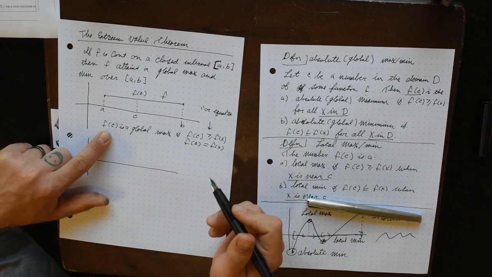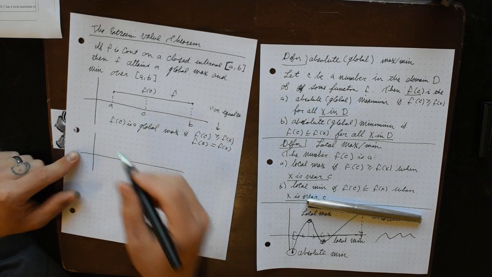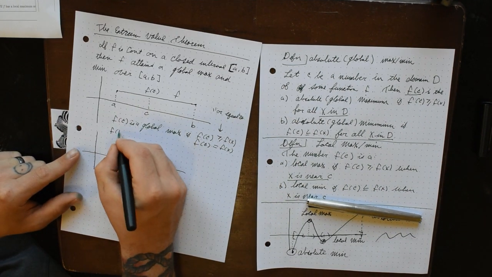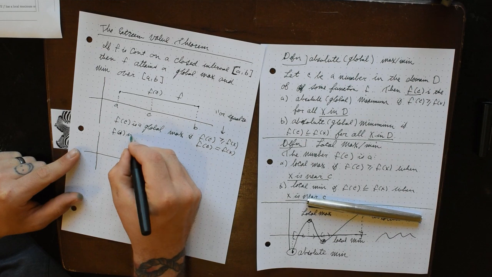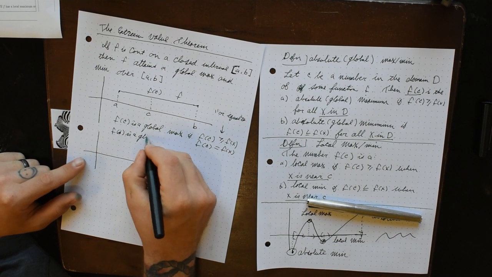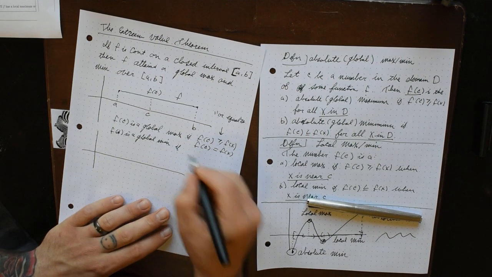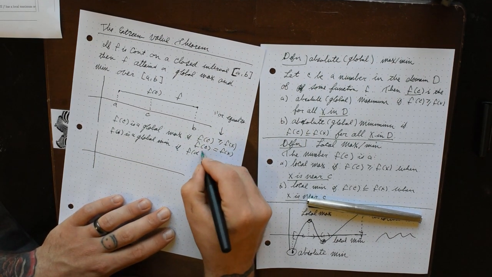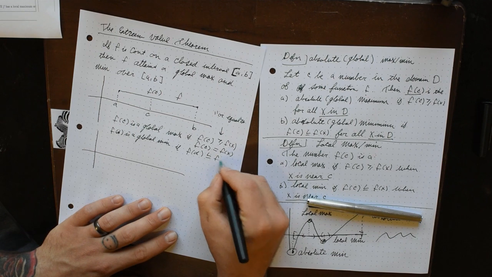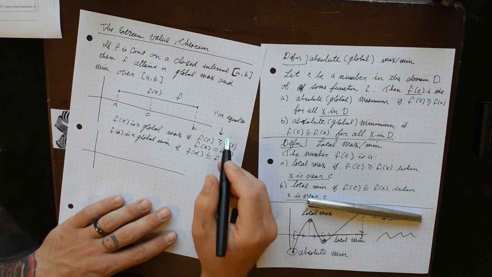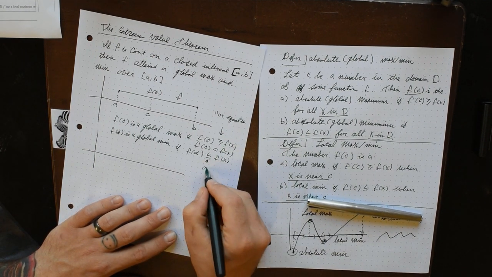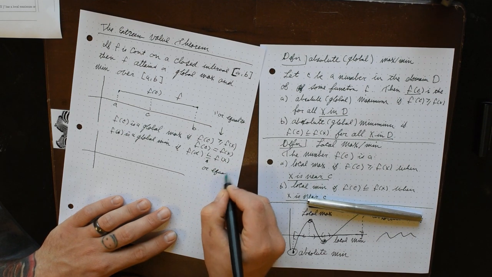Therefore, f of c is a global max. But we also have, let's say, f of d is a global min if, and I gotta go down, f of d is less than or equal to f of x. And once again, it's this or equal to.